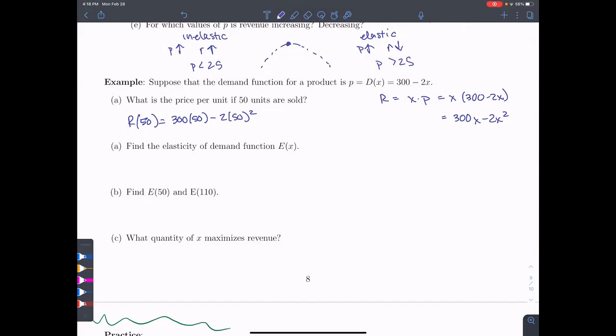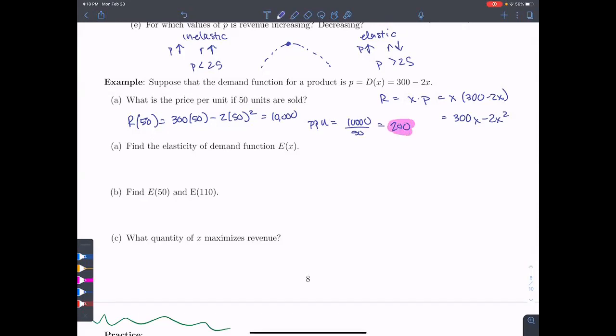That's 10,000. So the price per unit would be 10,000 divided by 50, which is $200.